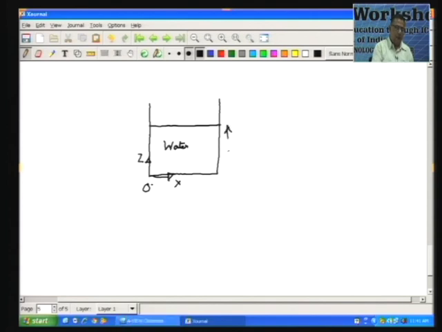This height, let us say, is capital H. So, if I say that in the air above the pressure is a constant, which is your atmospheric pressure, then you have a boundary condition that at z equal to H, P is P atmosphere.